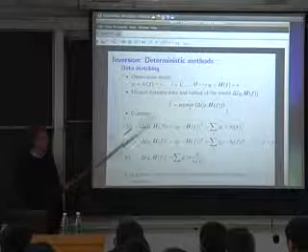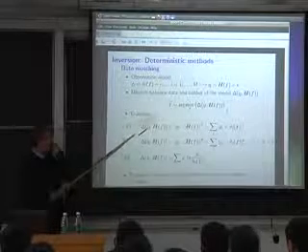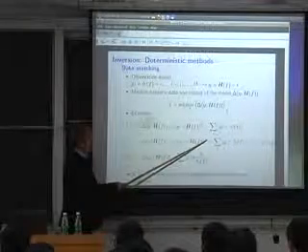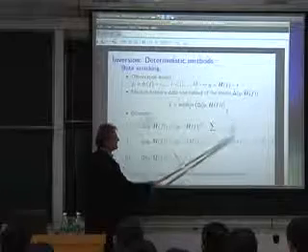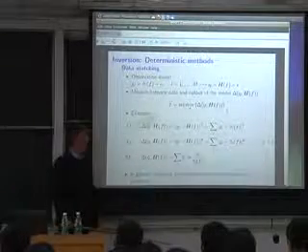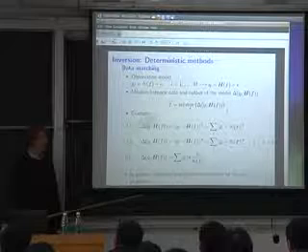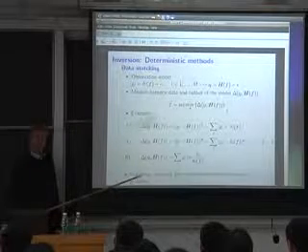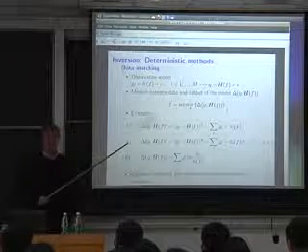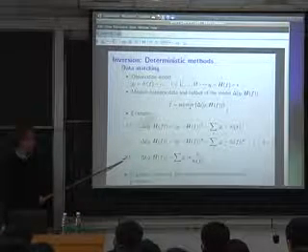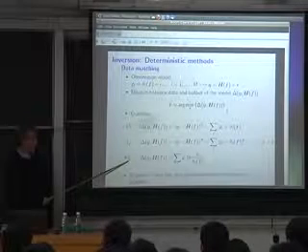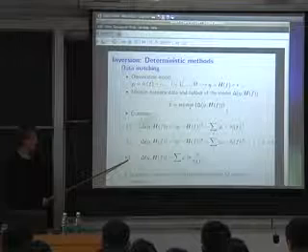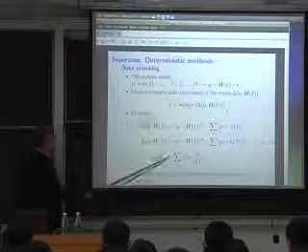L2 distance gives the least square. LP distance, where we put power P in place of 2, P between 1 and 2. P equal to 1 is the L1 distance, and P equal to 2 is the L2 distance. But there are many other distances. For example, the Kullback-Leibler distance or divergence distance, based on the entropy. And this is also a distance.